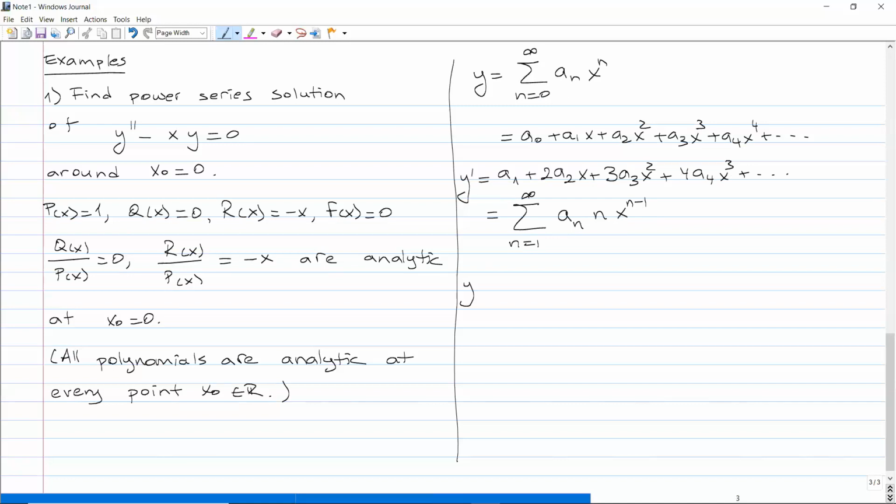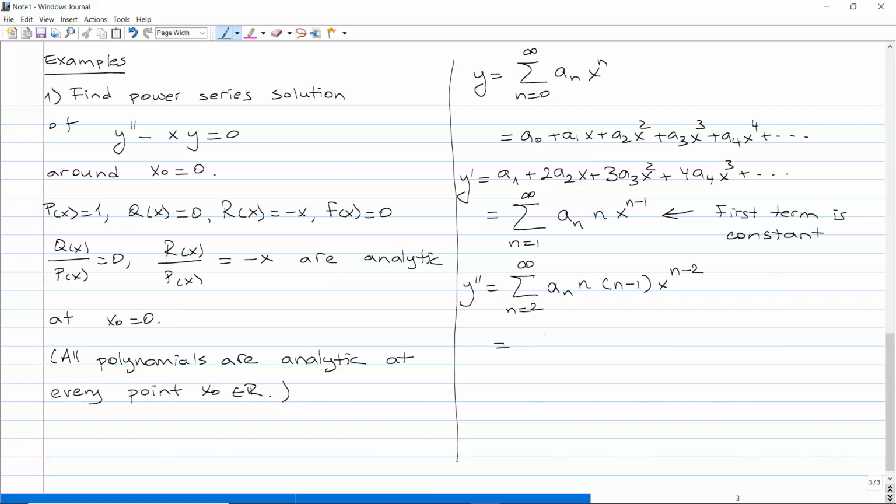Similarly, for the second derivative, the first term is again a constant, so when you take its derivative, it disappears. The sum now starts from 2 to infinity: a_n times n times n minus 1 times x to the n minus 2.